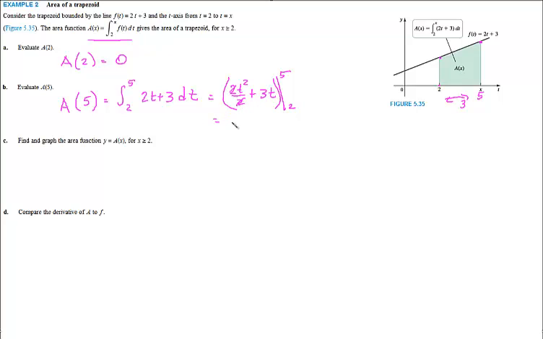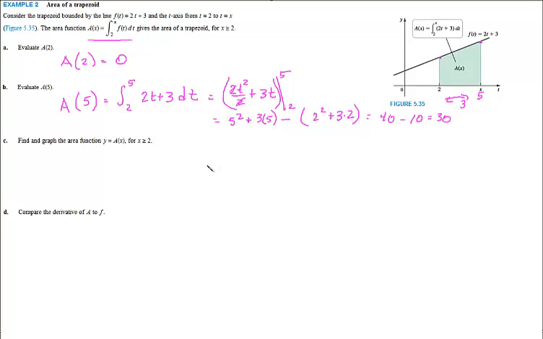This is going to be 5 squared plus 3 times 5 minus, plug in the 2 squared plus 3 times 2, and then just compute that answer. So that's 25 and 15. I think that gives me 40 minus 4 and 6 are 10. So this area is 30.